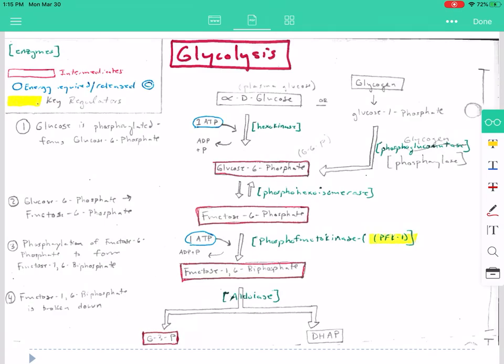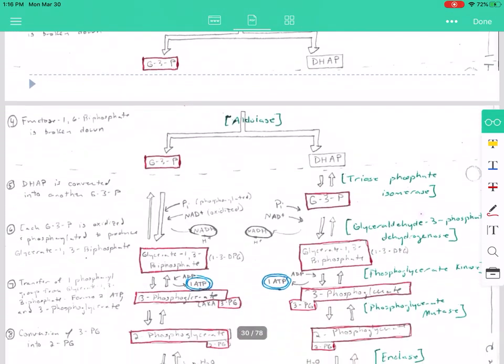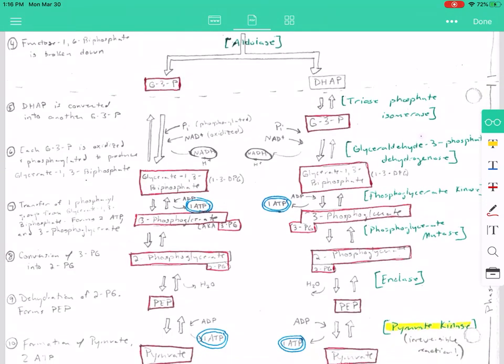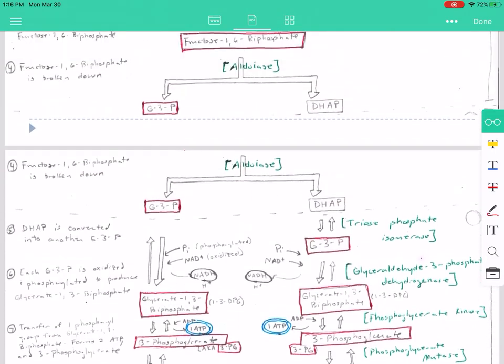Now, if you wanted to get more specific, oh boy, could we. So if you were ever interested, or maybe you're taking micro or will take micro, and you have to know the specific things, I'm sharing with you what I learned when I was a student. I had a hard time with the textbooks because for me, I'm visual and I needed to see it all at once. So I'm sharing with you the first half of glycolysis and the second half of glycolysis.